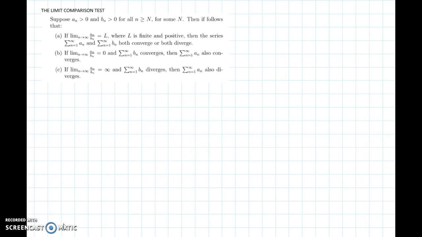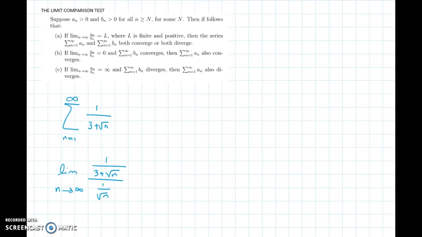This is very useful for many cases, but for instance, when we were looking at the series in the last example, that we had 3 plus square root of n in the denominator, we can look at the limit as n approaches infinity of the terms 1 over 3 plus square root of n and 1 over square root of n.